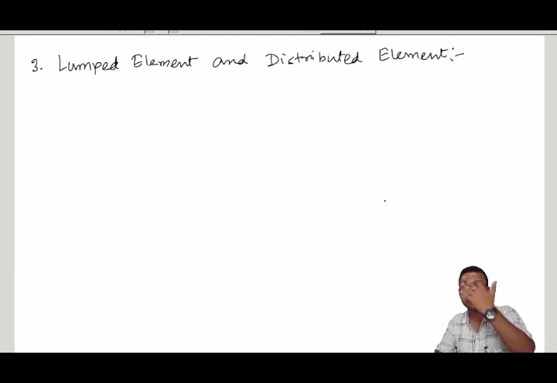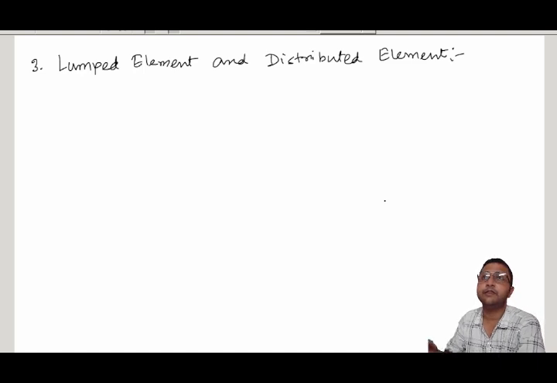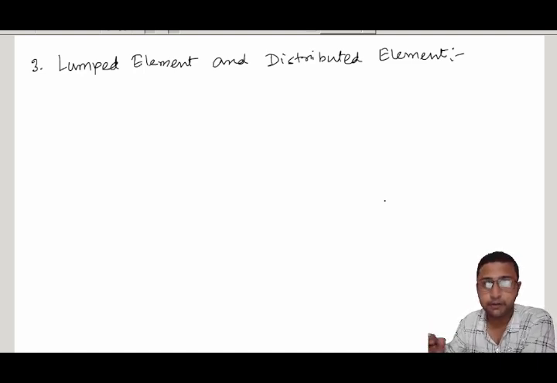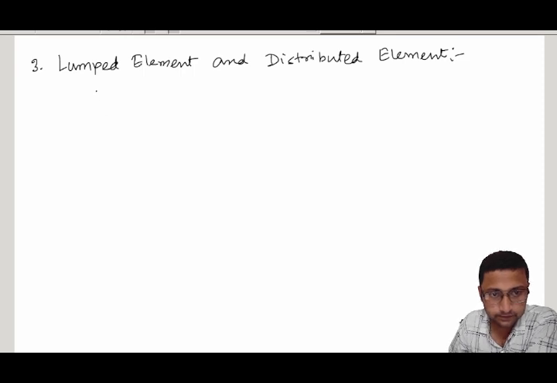Lumped elements are those elements whose physical size is very small compared to the wavelength of the input signal. They are called lumped elements. That means the physical size is very small compared to the signal propagating through it. So the examples of lumped elements are the same: resistor, inductor and capacitor.